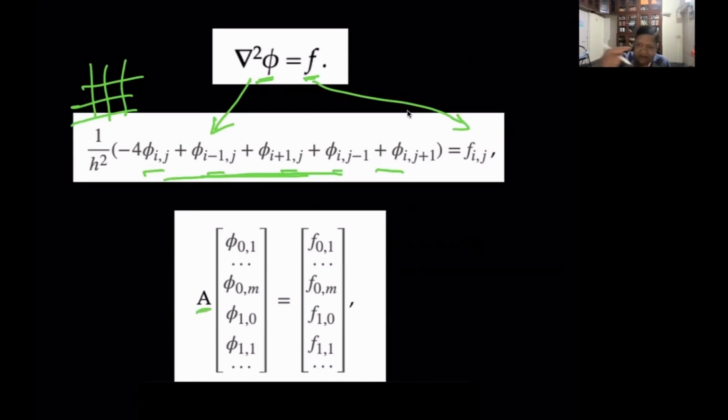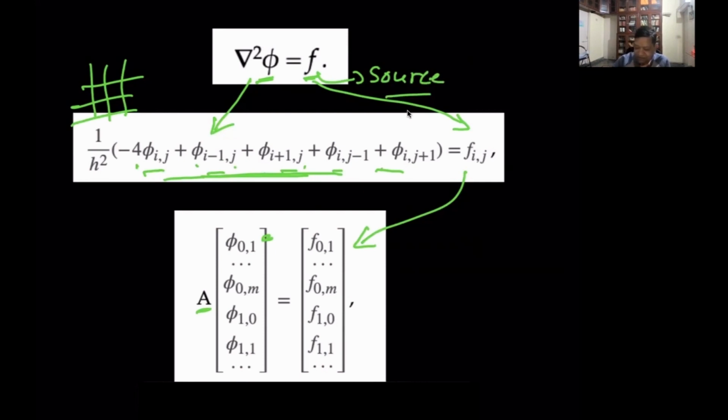A will be the same matrix I discussed, involving 1, -4, 1, and 1, 1. These are the phi i j's, and these are the RHS, called the source term, like charge or mass.